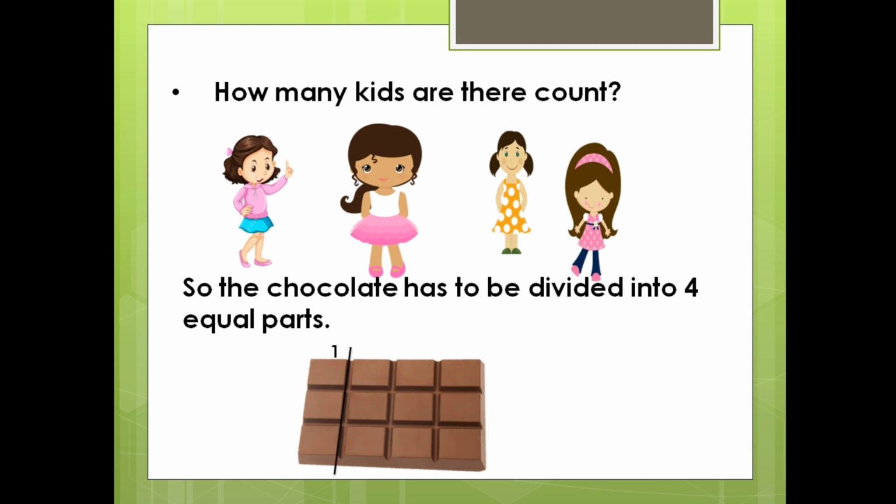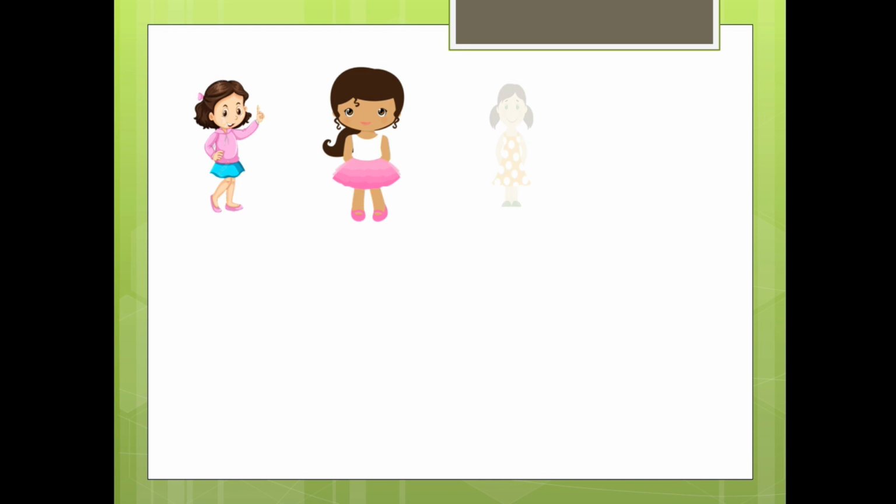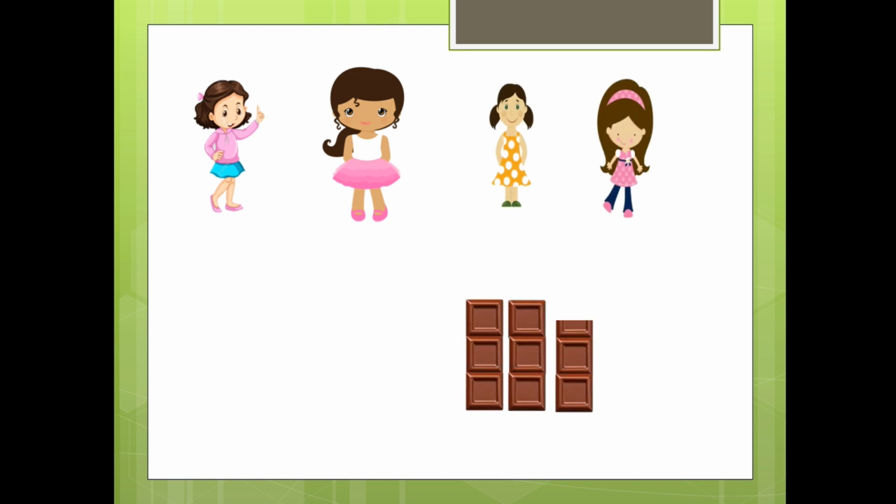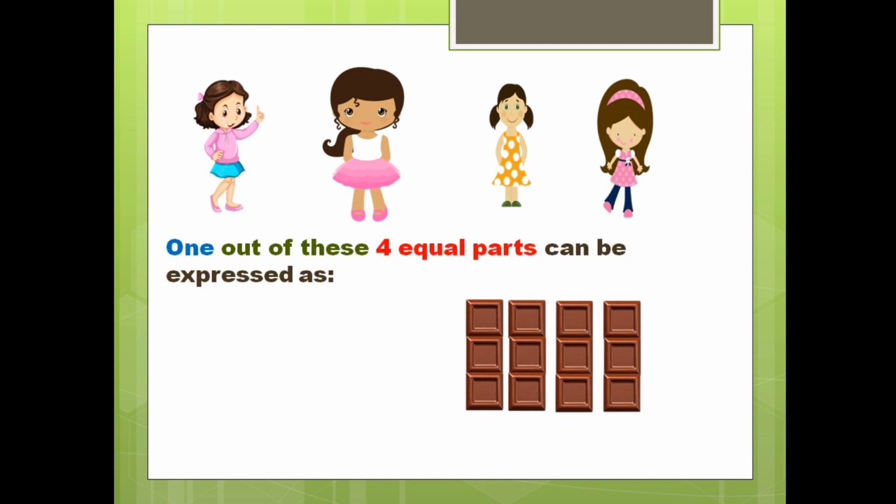The first part of chocolate, second part, third part and fourth part. So do you understand how many kids are there? 4 kids are there. So the whole object, here the object is chocolate. So the chocolate was divided into 4 parts. Yes or no? We have divided the whole chocolate into 4 parts.